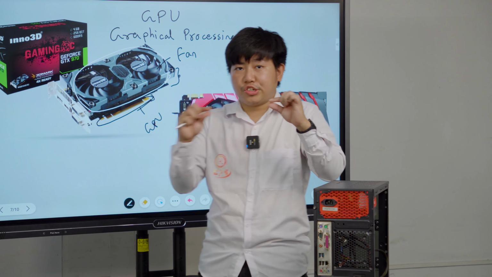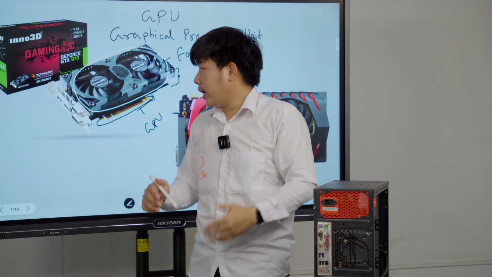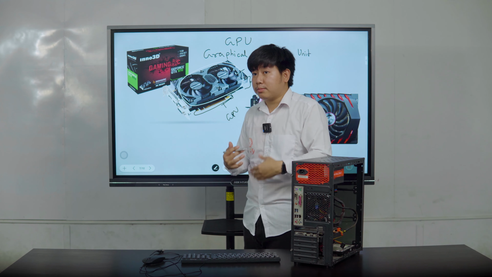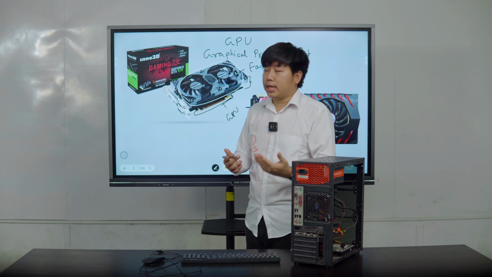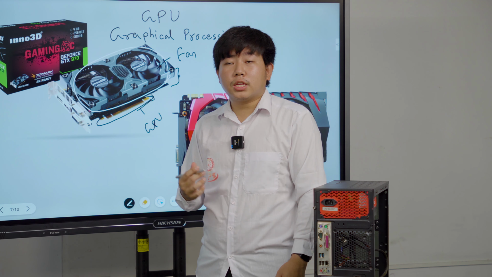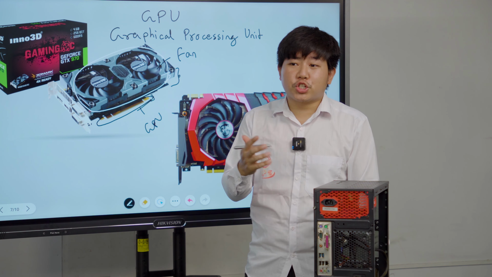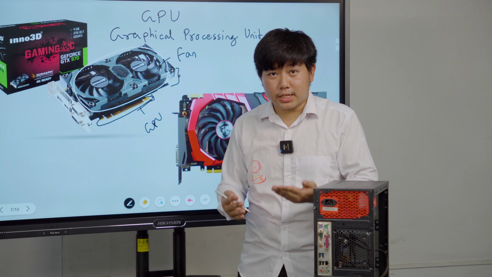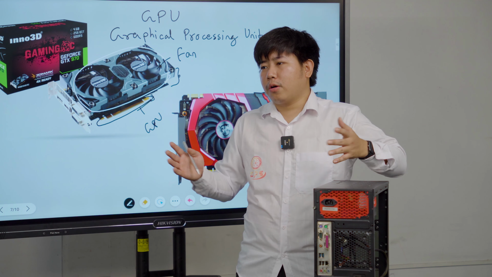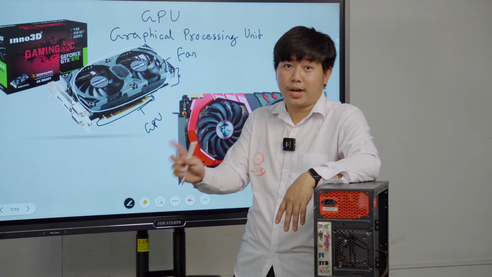The GPU is just a small sheet, like a CPU, like a motherboard, and it becomes very hot when we're using it. So we need to install a very big fan on it, and we're using the GPU to process the picture quality, the display quality. Let's say your monitor can provide 4K video with a 144 Hz display.